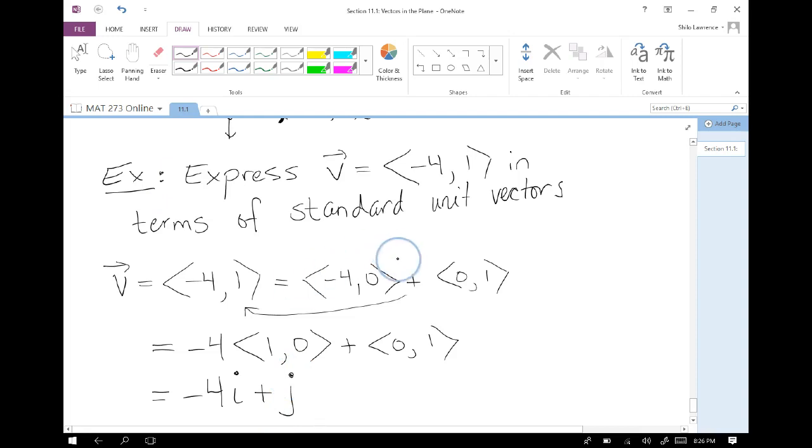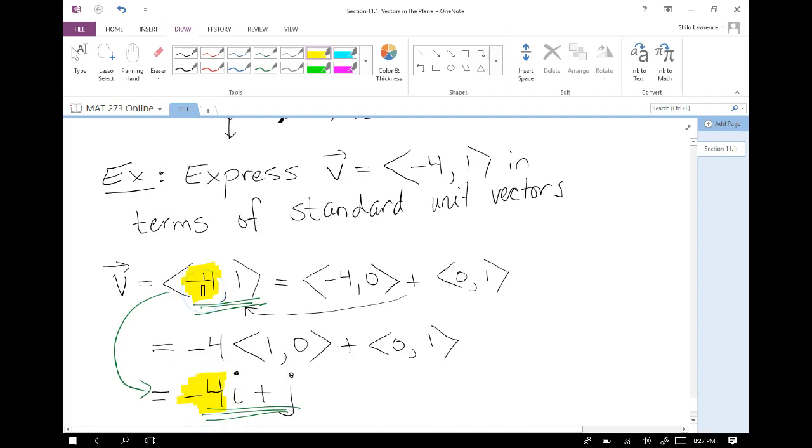So I don't expect you to go through this process every time we're asked to change something to a vector that uses standard unit vectors. But if you compare where we started to where we ended, you will see there's a very simple way to just jump from the beginning to the end. Your components, when written in component form, just turn into coefficients for your i and your j.